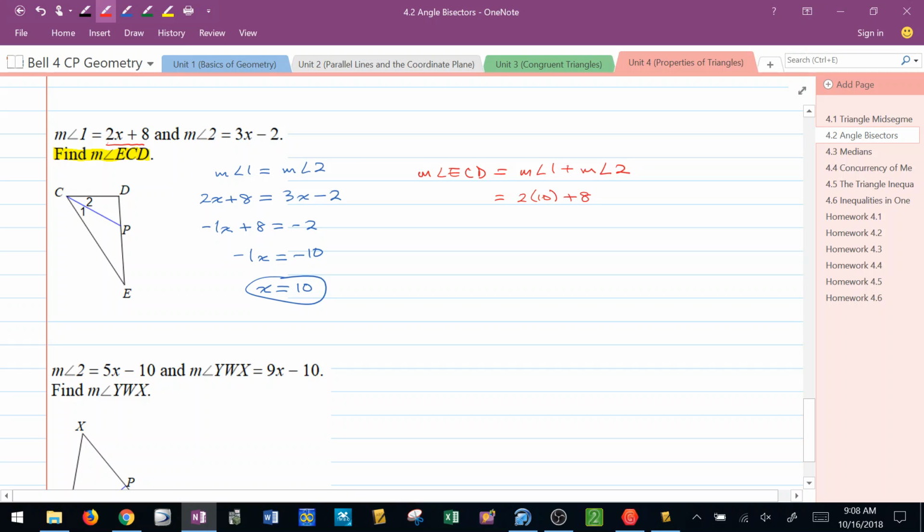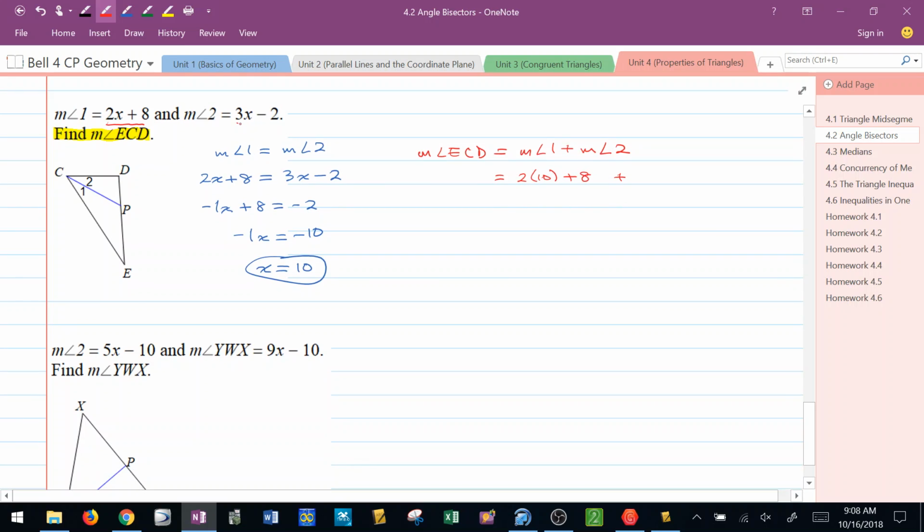That's angle 1. Plus angle 2 is 3x minus 2. Substitute the 10 in. I have 3 times 10 minus 2. All right, so this gives me 20 plus 8 plus 30 minus 2. So the measure of angle ECD would be 56 degrees.